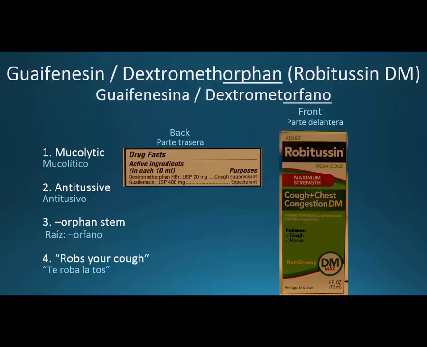And robs your cough. Te roba la tos. The rob works for the Robitussin, but the mnemonic when it comes to cough and changing it to tos doesn't really work. But the tos is a little more like tussive.